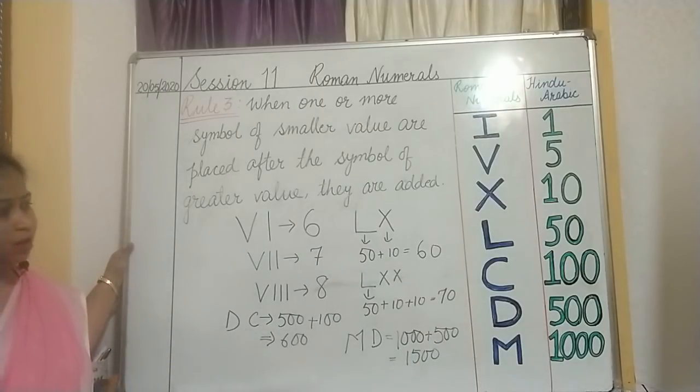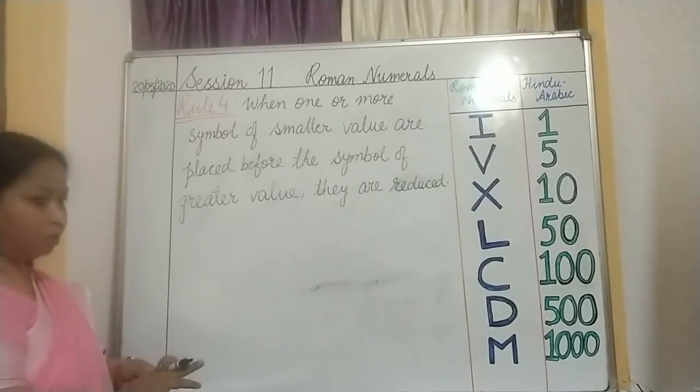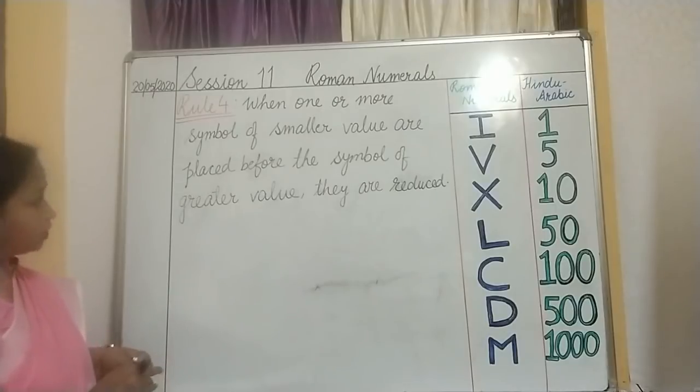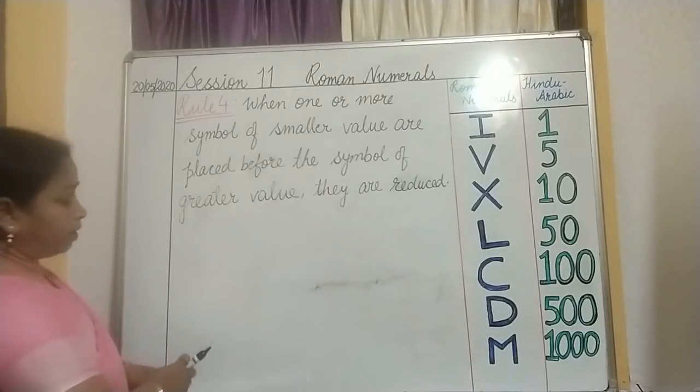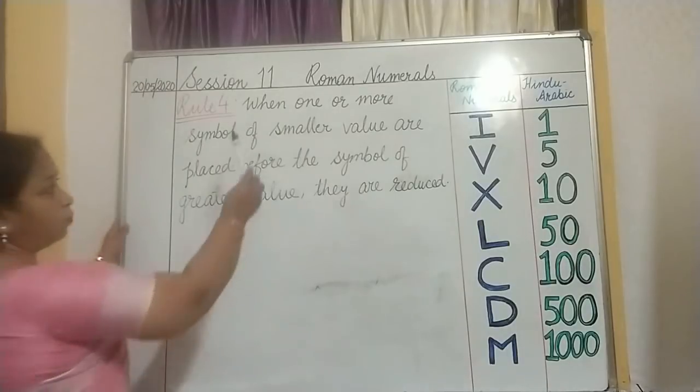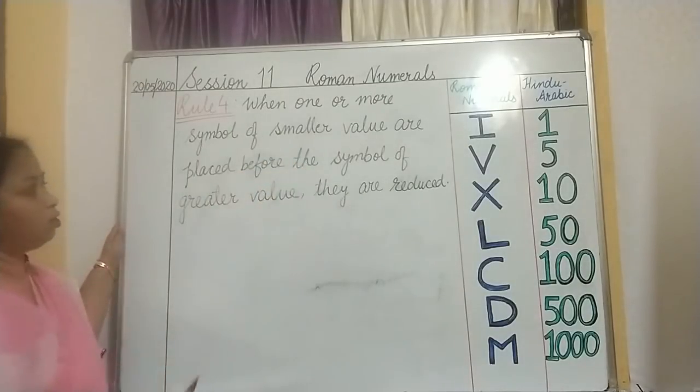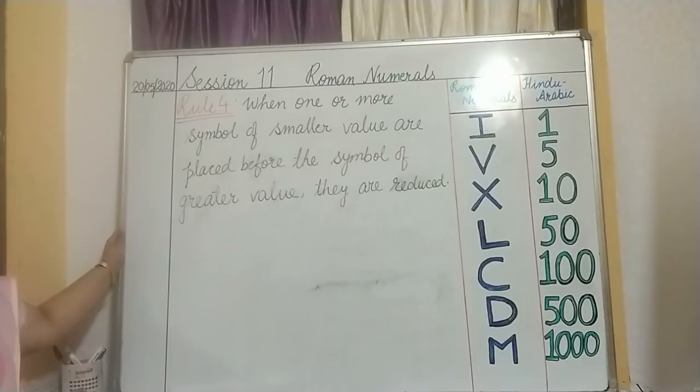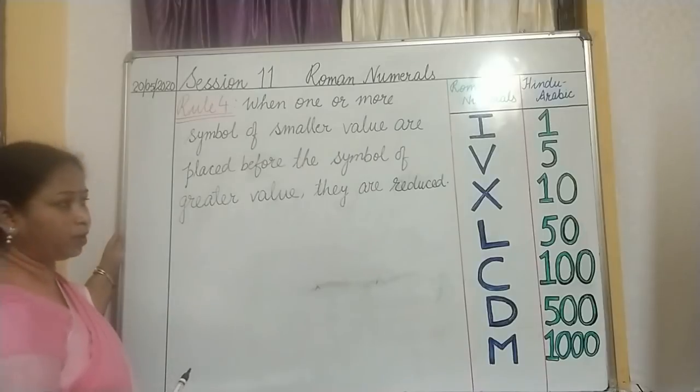See, easy. Now, if addition is there, is there a chance to have subtraction? Yes, of course. So rule number 4 will tell us how to subtract, okay. So this is rule 4, as you can see, and I will just read it out for you. When one or more symbols of smaller value are placed before the symbol of greater value, they are reduced, or you can say subtracted, okay.